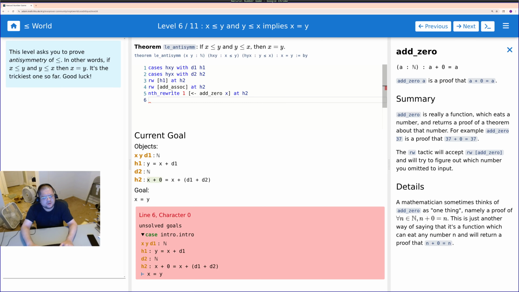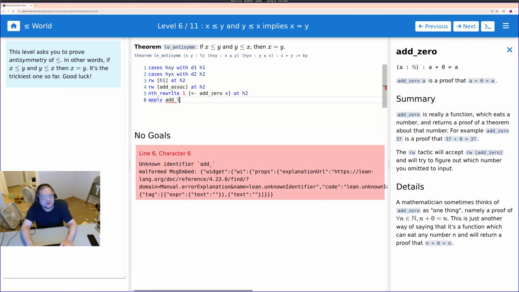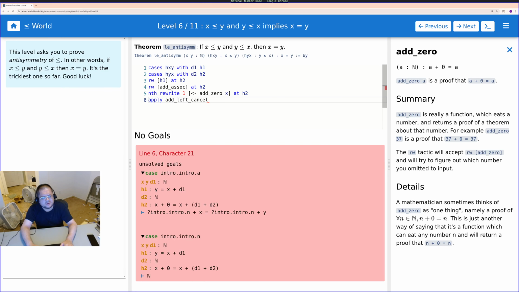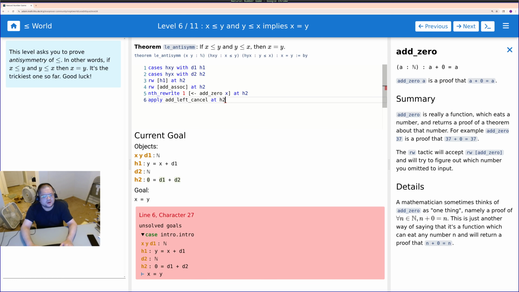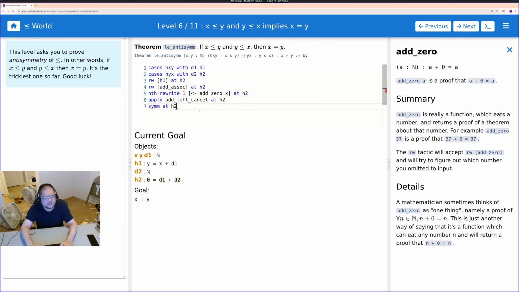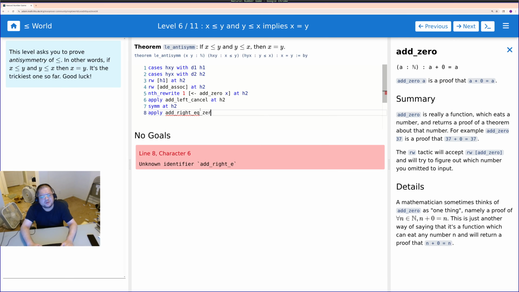Right, now we're going to do apply add left cancel at h2. Alright, so we have 0 equals d1 plus d2. And now we're going to apply add right equals 0, h2.